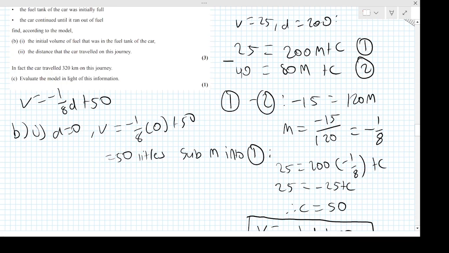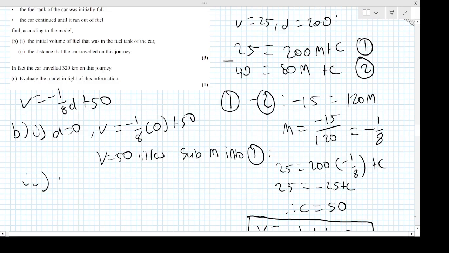Then the second part says, find the distance the car travelled on the journey. Well, obviously when the car runs out of fuel, it stops moving. So it starts from a full tank, and then at the end, it ends up with nothing in the tank.